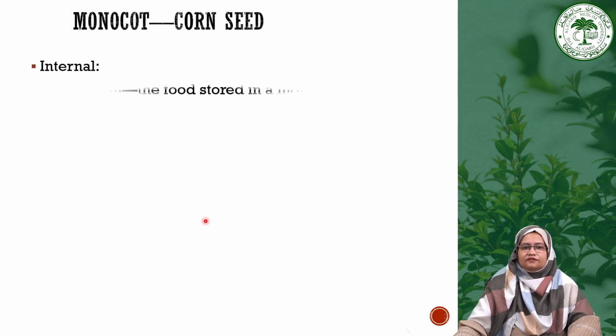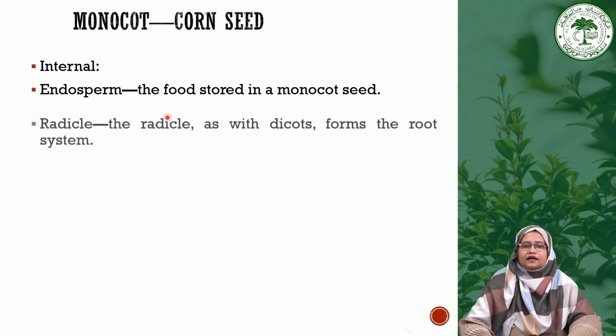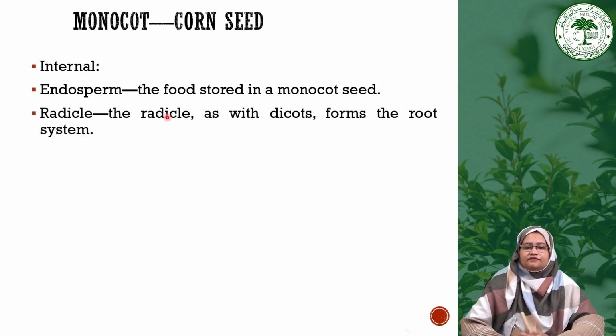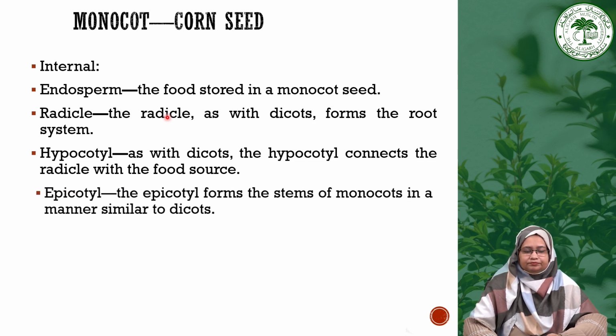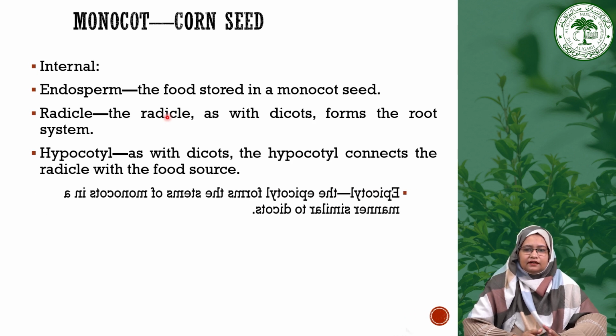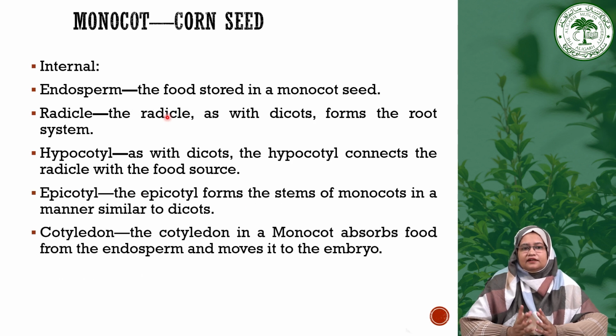The corn seed also has an internal structure, the endosperm, which is the food store in the monocot seed. Then there is a radicle, which, as in dicots, forms the root system, but this radicle generally diminishes after some time. The hypocotyl, as in dicots, connects the radicle with the food source. The epicotyl forms the stem of the monocot in the same manner as in dicots.